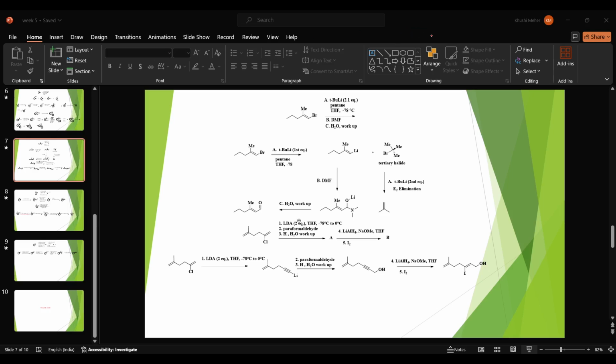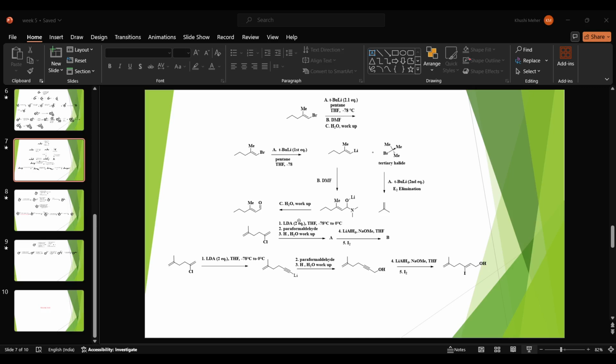From that ketone, you will get an alkenyl carbanion, and that carbanion is much more nucleophilic. We call it a lithiated alkene, and that will react with any kind of electrophile, and the electrophile and nucleophile will be joined, and you will get synthesis of a carbon-carbon bond or a carbon-heteroatom bond.